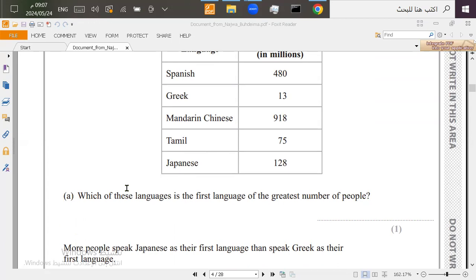We just subtract them from each other. 128 minus 13, and the answer is 115. So 115 million more people speak Japanese than Greek. Now let's move on to the next question.